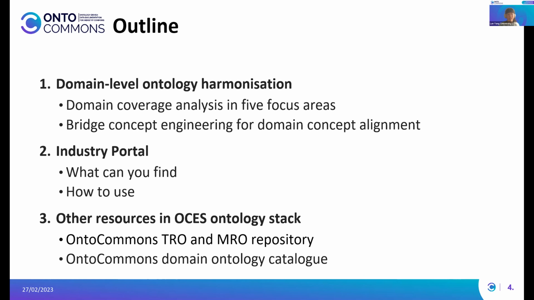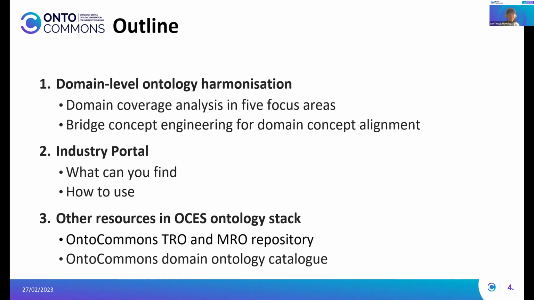The second part is a quick tour of the industry portal. I'm going to point out what you can find on the industry portal and how to use it to find domain level ontologies. The last part is some supplementary resources to the OCES ontology stack.